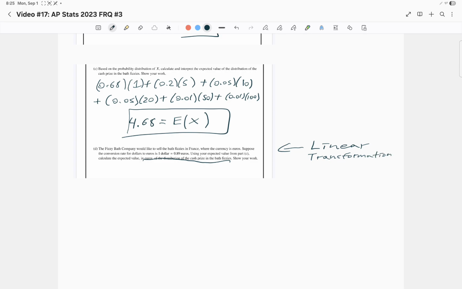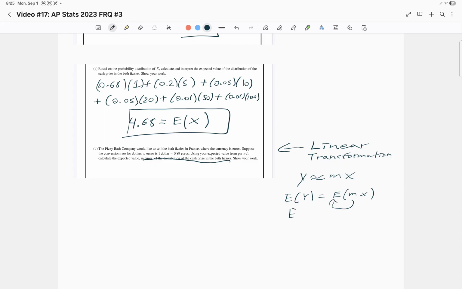Essentially, if we have a scenario where some distribution Y equals m, a constant, times a distribution of another thing, say the X distribution, when we find the mean of both of these distributions, E of Y equals E of m times X. What we could essentially do is pull the m outside.